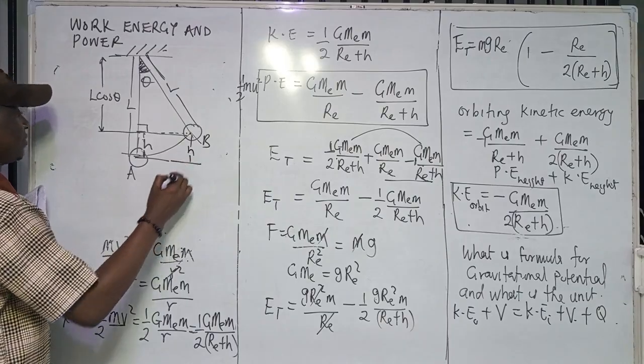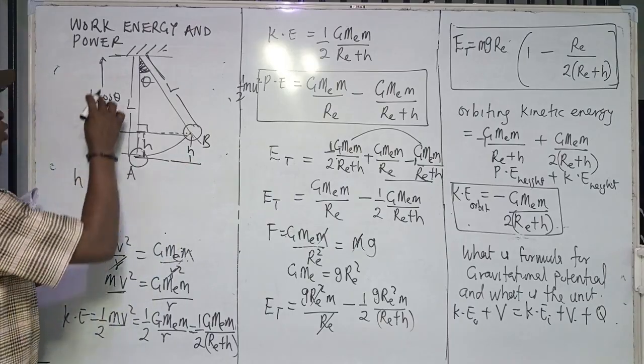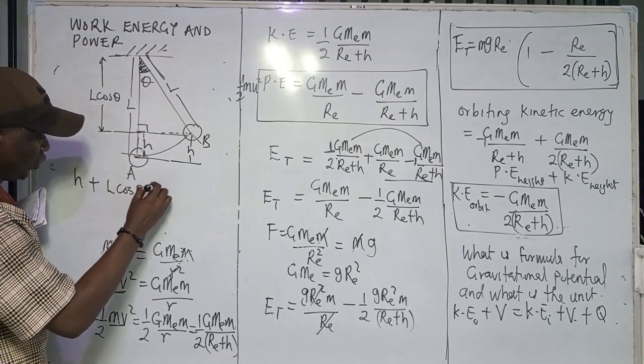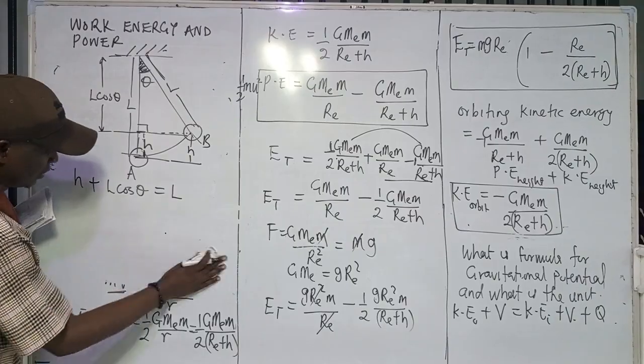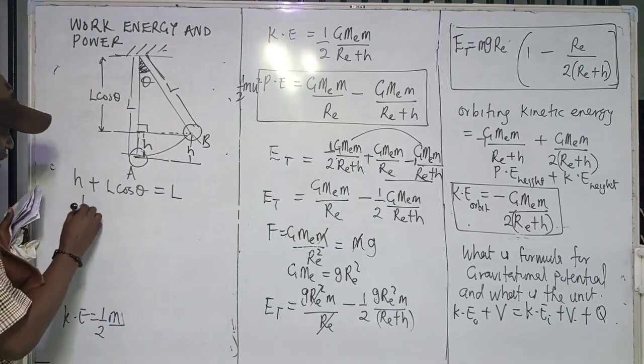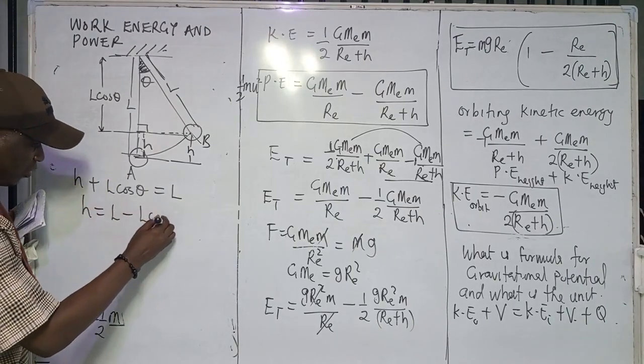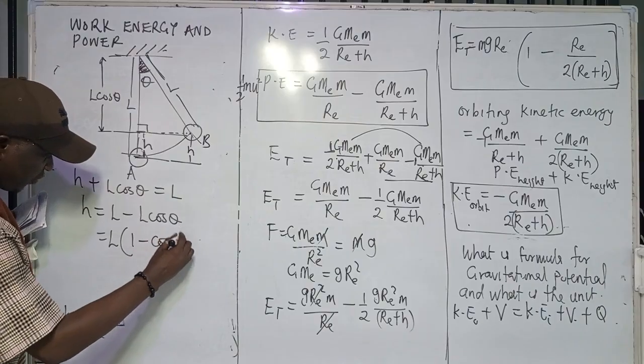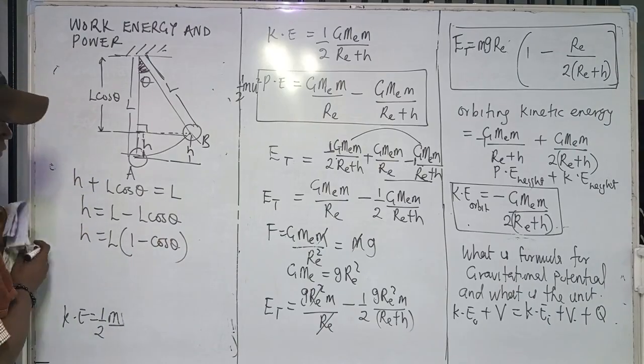So h plus L cos theta equals L. So I want h equal to L minus L cos theta, which is L(1 minus cos theta). That is h.